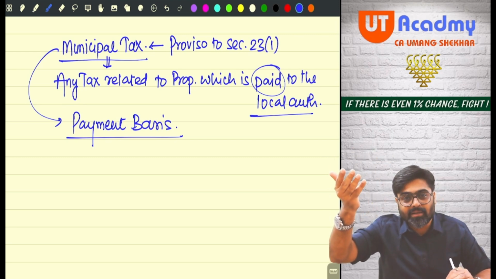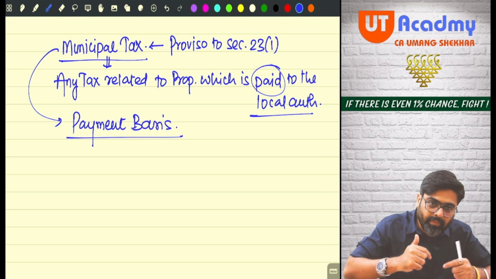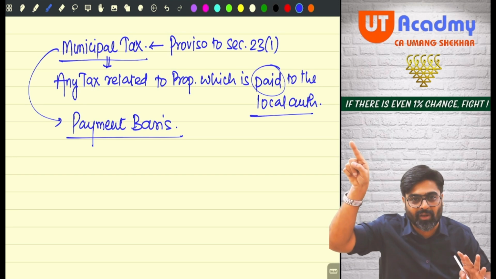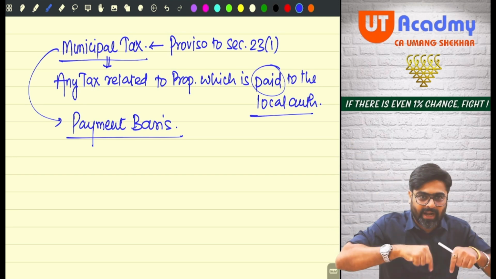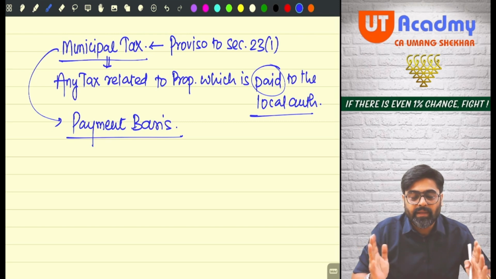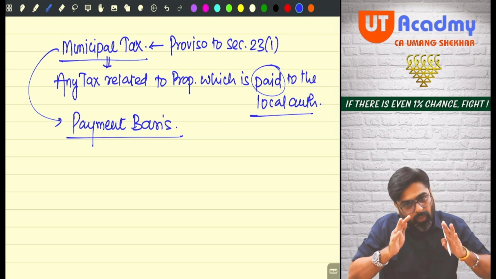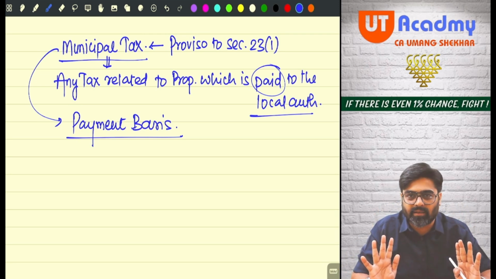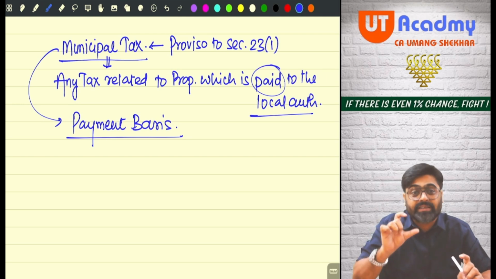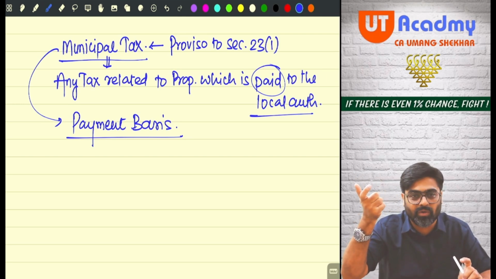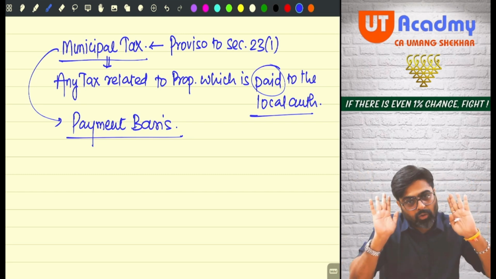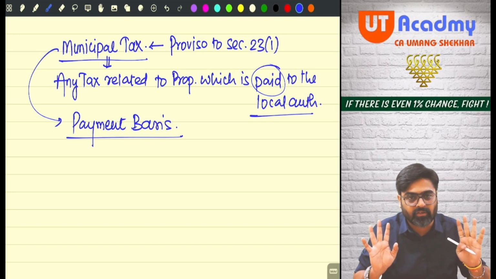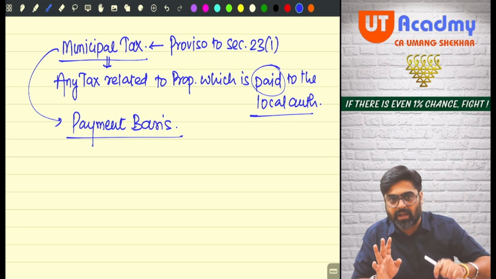If taxes for any other year are paid in this year, they will be allowed in this year, because that time they were not paid, so they were not allowed. Right now they are paid, so right now they should be allowed. Getting my point? Whatever municipal tax for this year is there, that also I have paid, so even that will be allowed as a deduction. Please don't look at which year the municipal taxes relate to. You just have to check whether the municipal taxes were paid in this year. If the answer is yes, then to whatever year it relates, it will be allowed as a deduction in this year only.